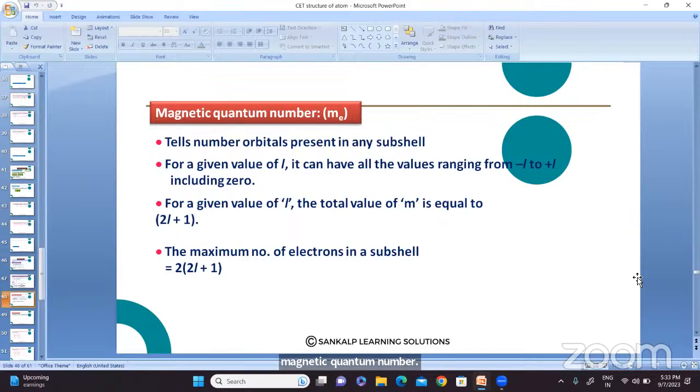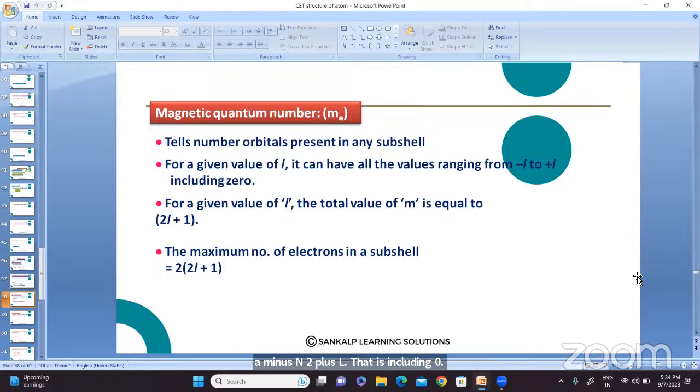It tells you about the number of orbitals present in any subshell. For a given value of l, it can have values ranging from minus l to plus l, including 0.